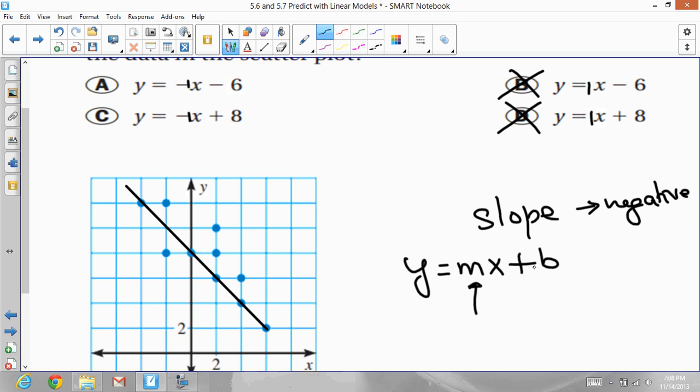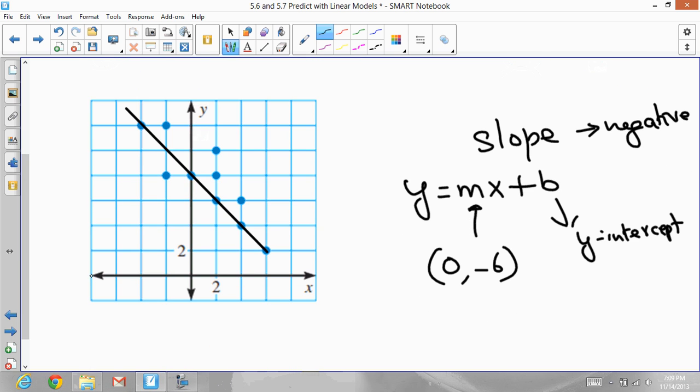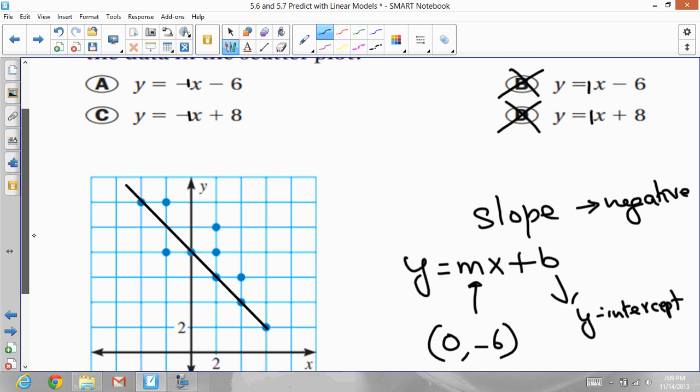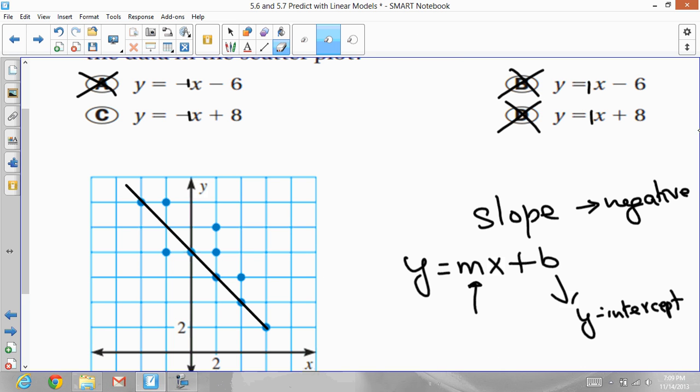Now this b is my y-intercept. And remember, for my y-intercept to be negative 6, my x must be 0. So I'm looking at the graph for the point (0, negative 6), and I do not see a point. So at this point, I'm going to eliminate A. Now look at answer choice C. Now I have positive 8, so my y-intercept is going to be a positive 8.